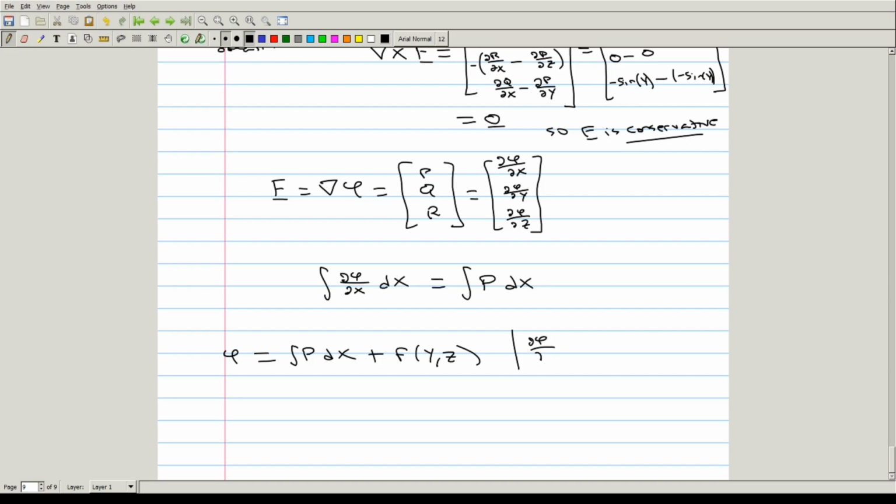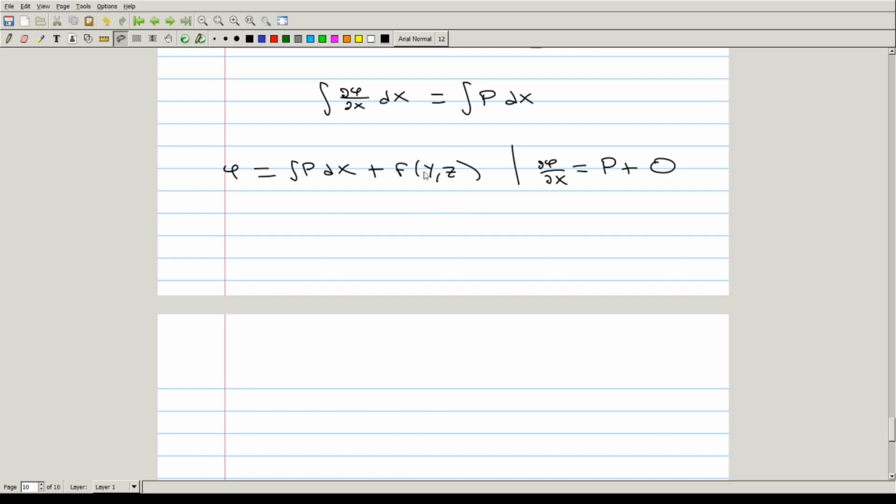When you take the partial derivatives of both sides of this expression with respect to x, you get the partial derivative of the indefinite integral of p dx, which is just going to be equal to p itself, plus the partial derivative of a function of y and z, which is going to be equal to 0. So this is giving us exactly the first component. This is important because it's exactly what you would expect from a single variable calculus course, but you have to be very careful here. This f of y, z is in general a function of y and z that's unknown, but we have to solve for.